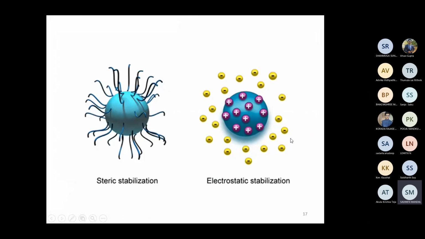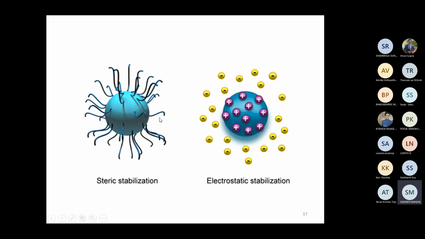For electrostatic stabilization or electrostatic repulsion, you can see that if we make the colloidal particle charged, there is a double layer formation. So if two particles try to come closer, they will repel each other, and hence we get that stabilization. Similarly, in steric stabilization, in this case it is called a self-assembled monolayer.